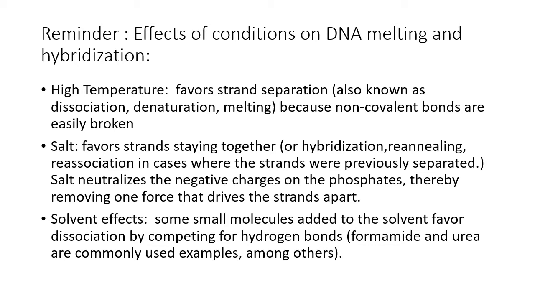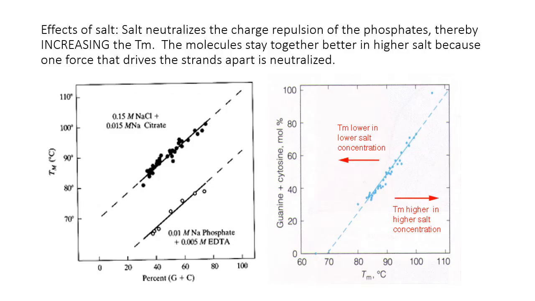Solvent effects also, some small molecules, contribute to the melting temperature and hybridization conditions in that they compete for hydrogen bonds. Those include formamide and urea, and these are commonly used in experimental situations. Just a reminder from last time, if we look at the figure on the right, it says what we need to know, that lower salt lowers the melting temperature, higher salt raises the melting temperature, for the reasons that I just said.